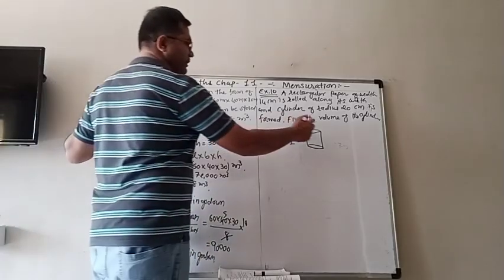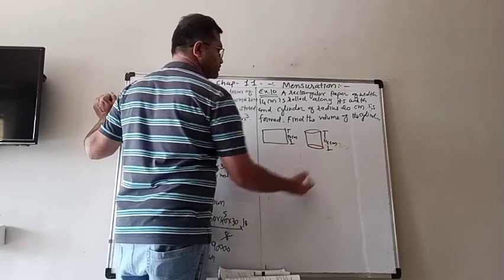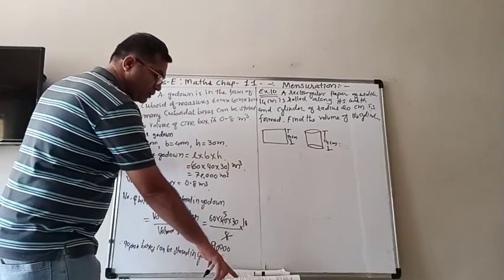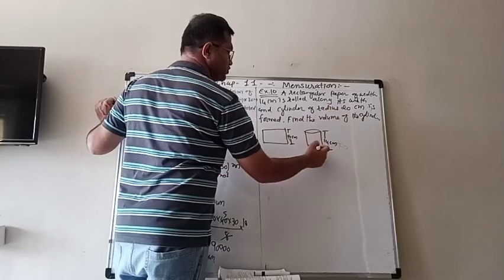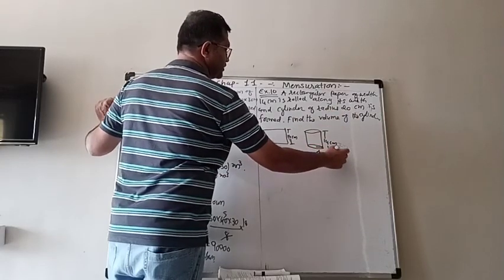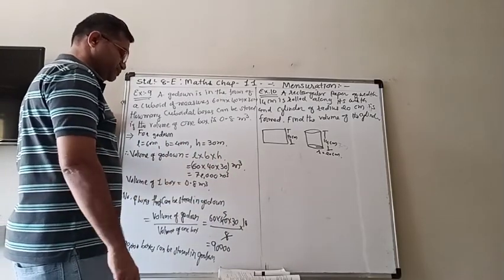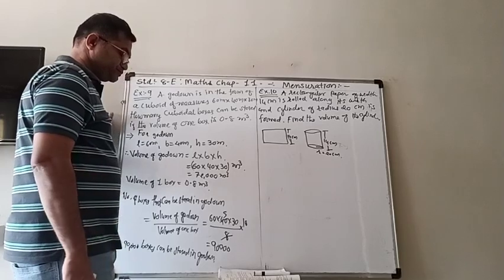It means that width of the paper will be the height of the cylinder. And radius is given how much? 20 centimeter. So R is 20 centimeter. So now we know the radius and height, it will be easier.